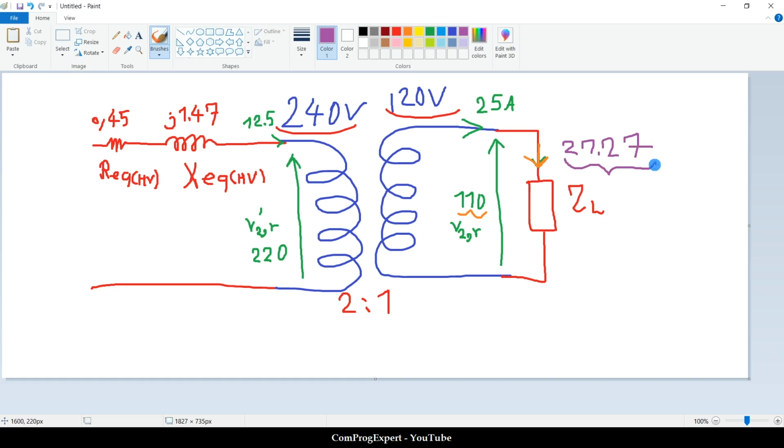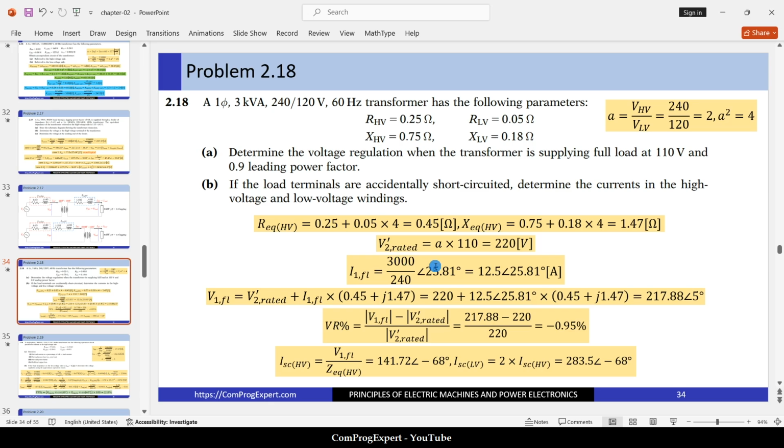This current is higher than the rated one. So this is not okay, because the secondary side of this transformer is designed to tolerate this rated value of the current, 25 amps. So we need to consider this current for our calculations, and this will be the value of the current for the full load case in the primary winding, 12.5. How much is its angle?